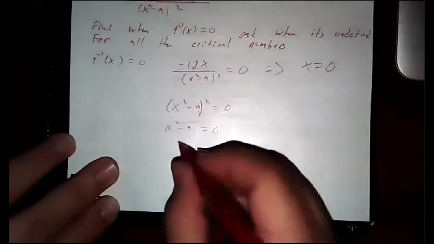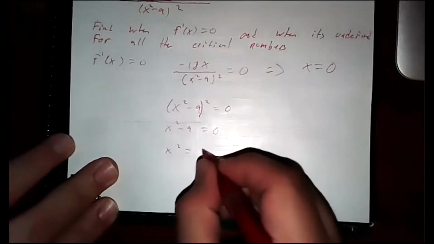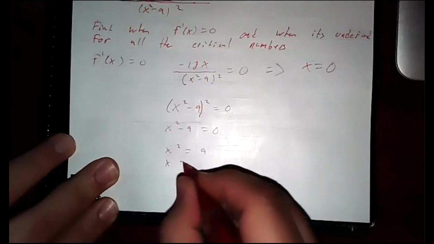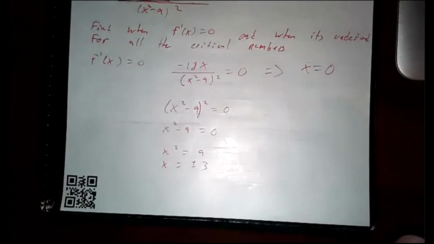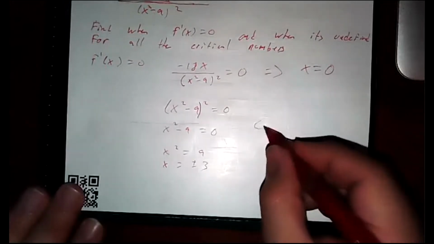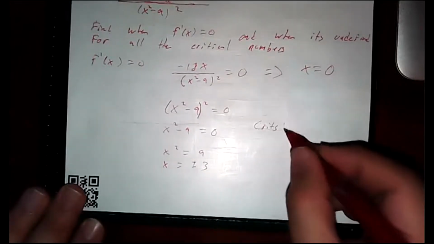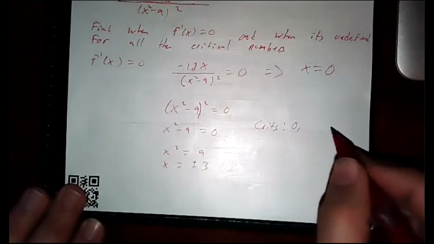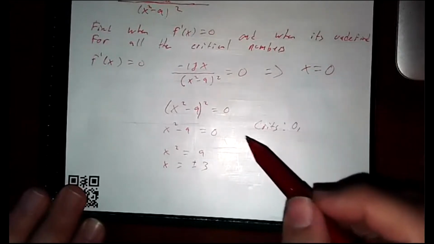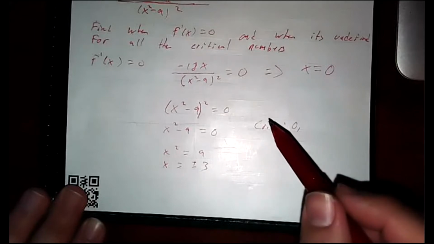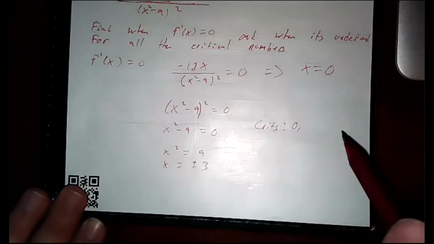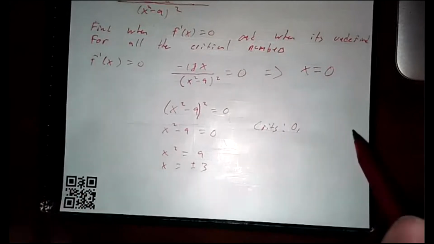Move the 9 over, which gets you to here, which then gives you x equal to plus or minus 3 when you square root both sides. So critical numbers are going to be 0, hold up.